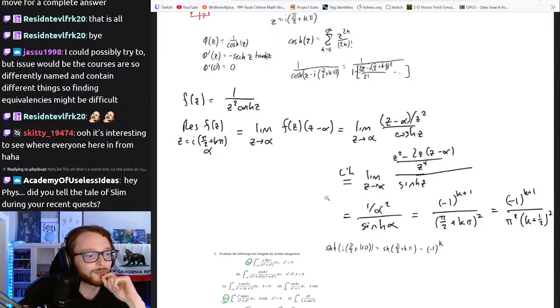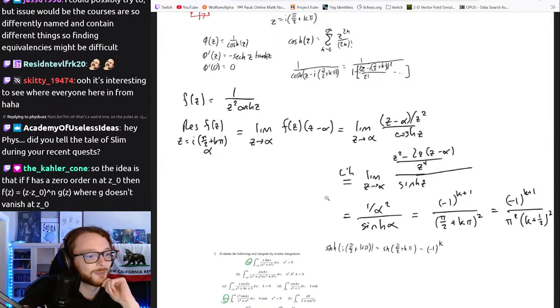I hope I got every piece of that right. And so Jasu apparently doesn't get any credit for the things that she's done previously and is going to be taking the exact same classes as an 18-year-old fresh out of high school. Possibly the issue would be the courses are so differently named and contain different things, finding coincidences might be difficult. Oh, okay. Yeah, it is fun to talk about the differences between how different countries do things.